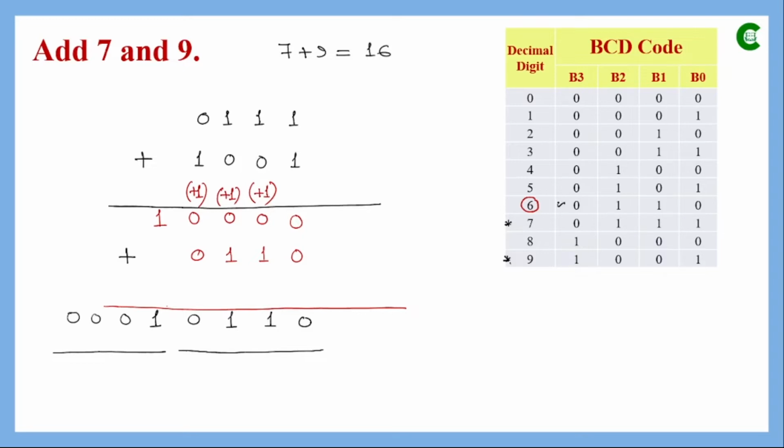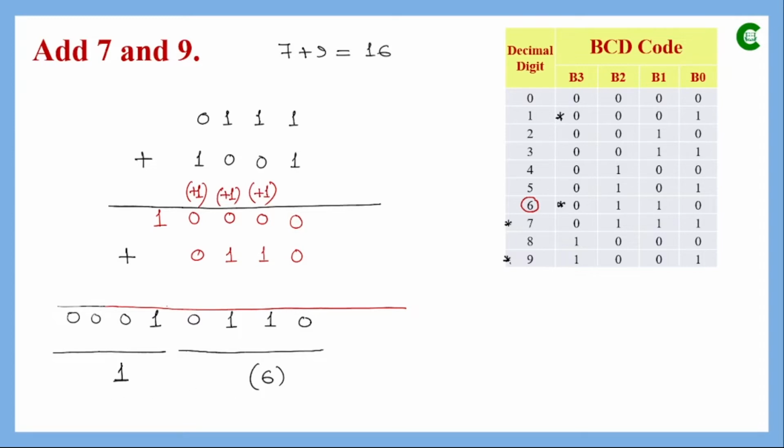The decimal equivalent is 6. And 0001 means the decimal equivalent is 1. That means the result of this BCD addition is what we have obtained here, and in terms of decimal, it will be 16.